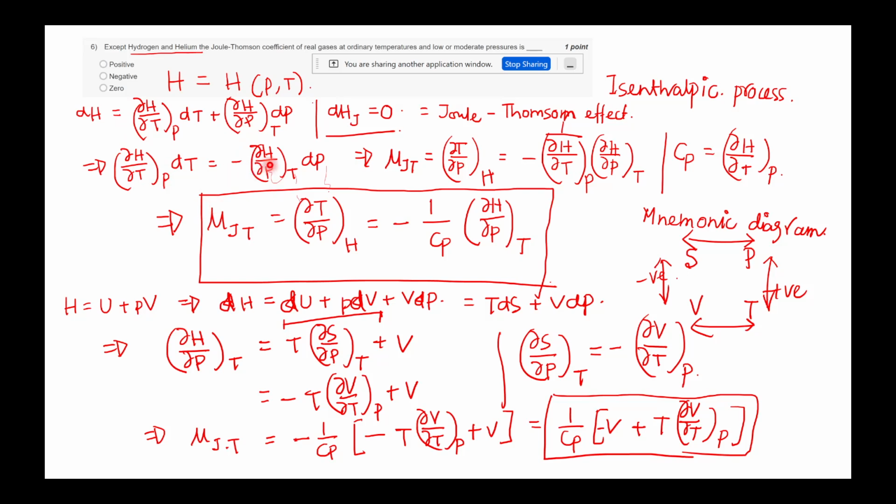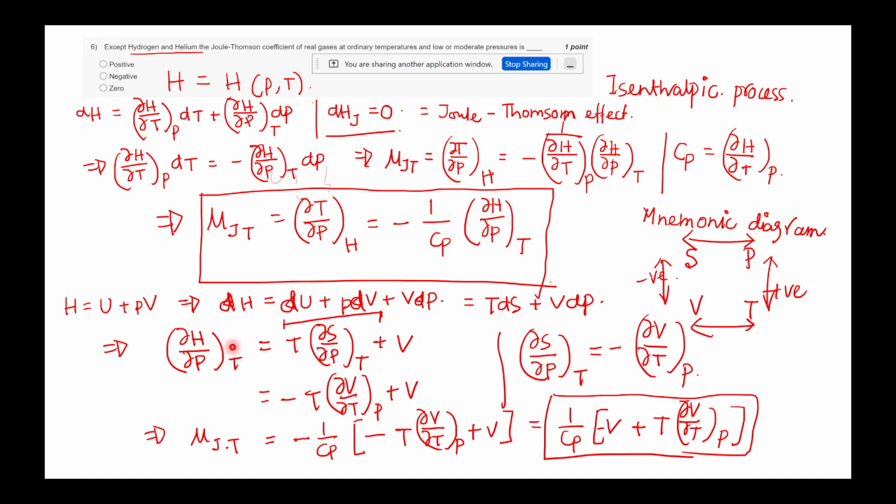Since it is an isenthalpic process, dH, the enthalpy change, will be 0. We can rearrange this, and the Joule-Thomson coefficient is defined as change of temperature with respect to pressure at constant enthalpy. Del H del T at constant pressure is Cp, and after rearranging we get mu JT is minus 1 by Cp del H del P at constant T.